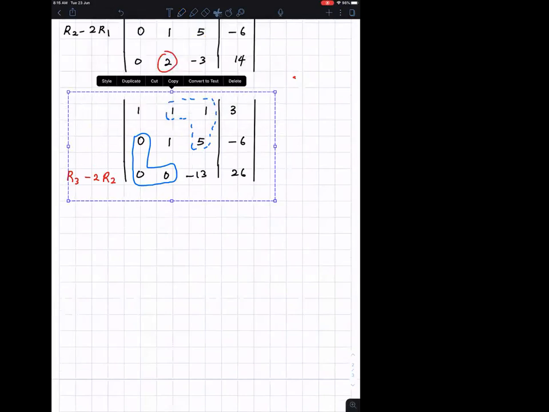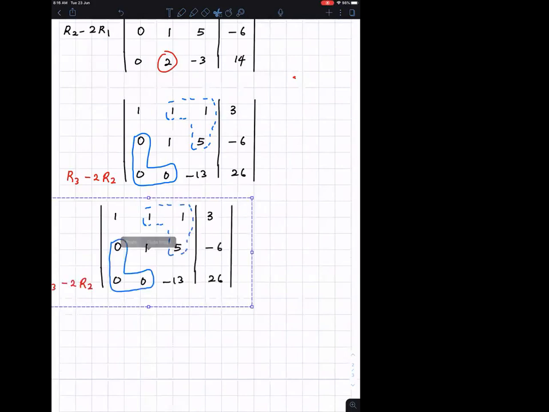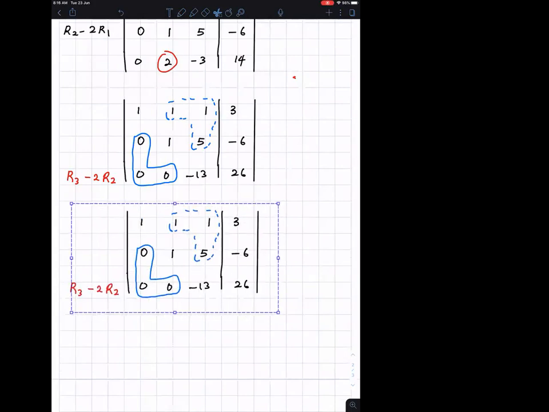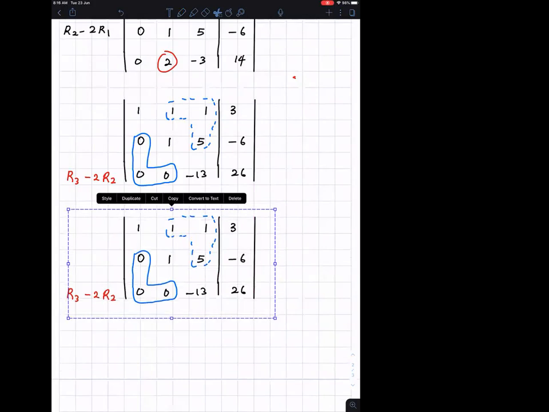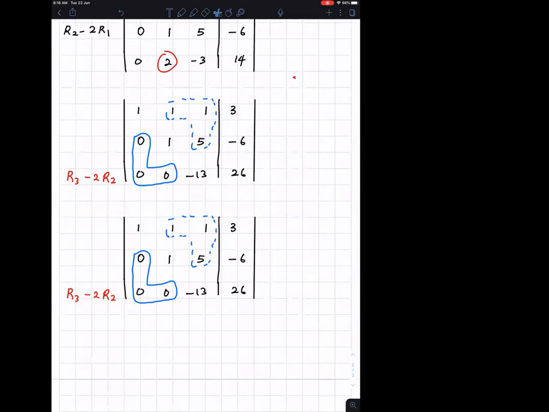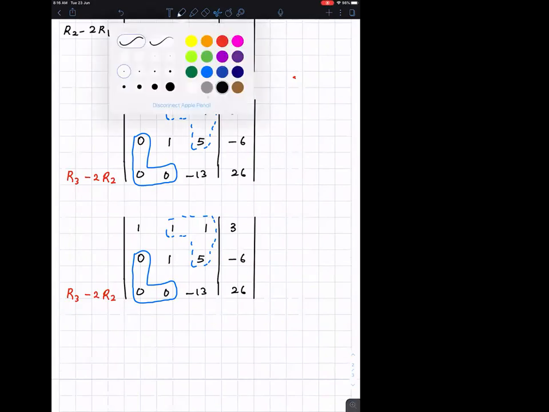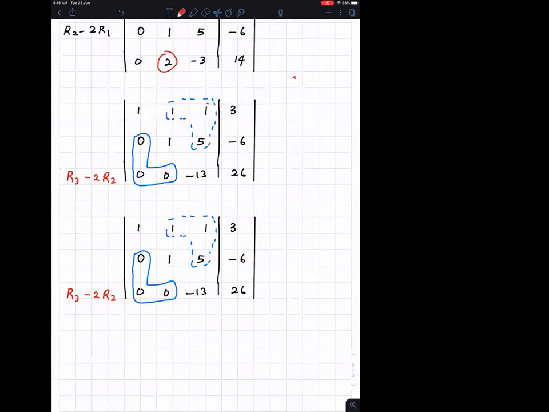Take a piece of paper and a writing tool, and try to make this one go to 0.